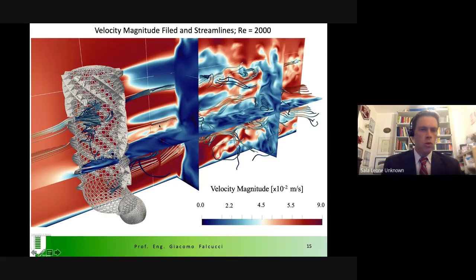At Reynolds 2000, as I told you before, we are in the order of 10 centimeters per second. And this is the flow field at Reynolds 2000. I just give you this flavor now. We will discuss it later, but it's really interesting, and we are still elaborating the results.